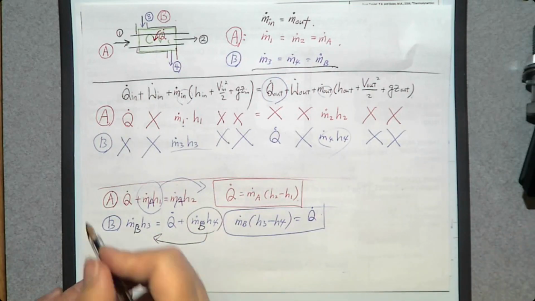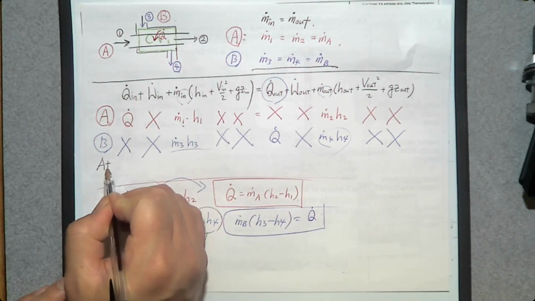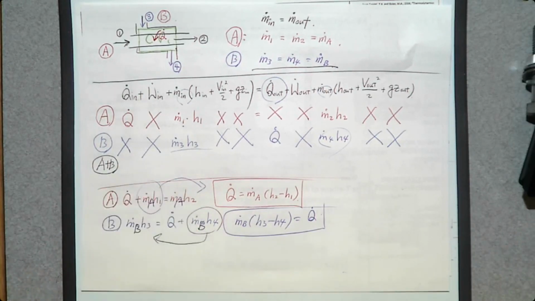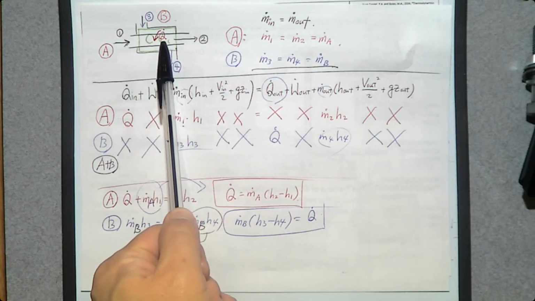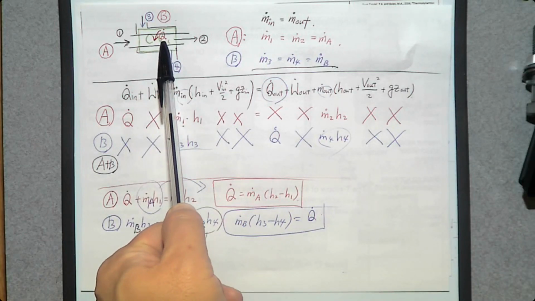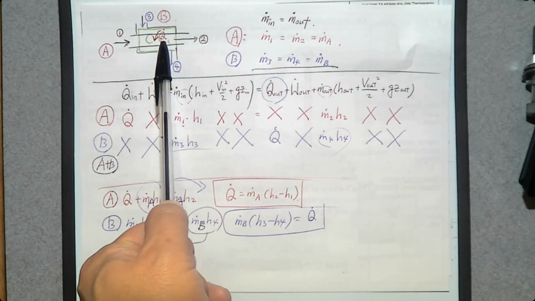The last one, we are going to assume that A, B together. So the entire control volume is our system. Do we have an incoming or outgoing heat transfer? Yes or no? Is this Q dot incoming or outgoing?